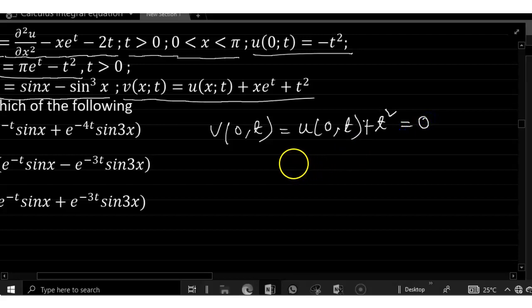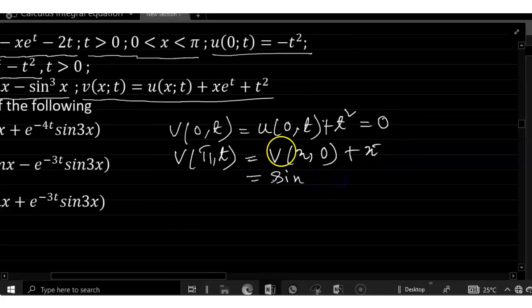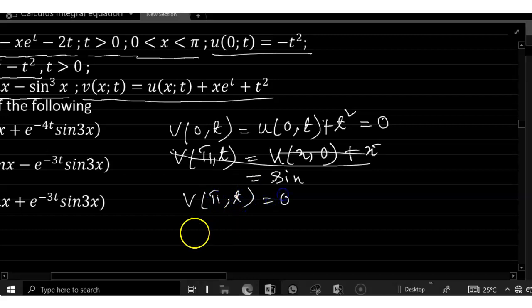Also v(π,t) equals 0 at x = π, and v(x,0) equals u(x,0) minus the extra term.